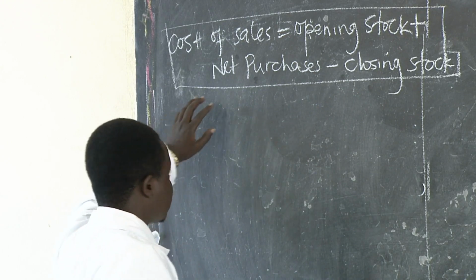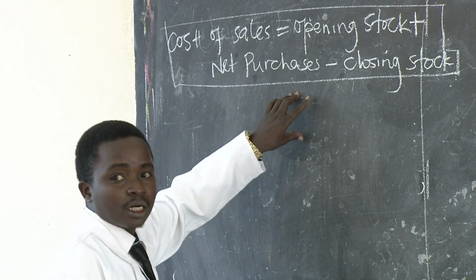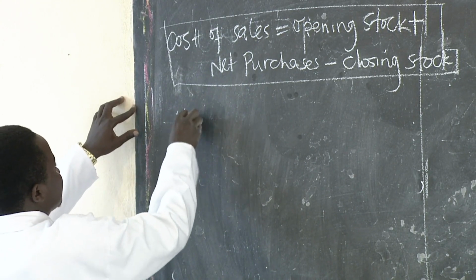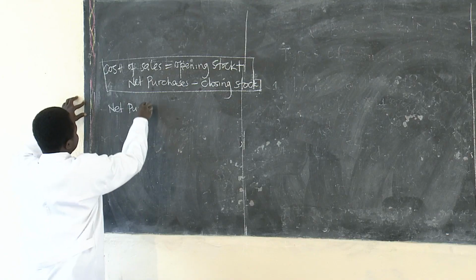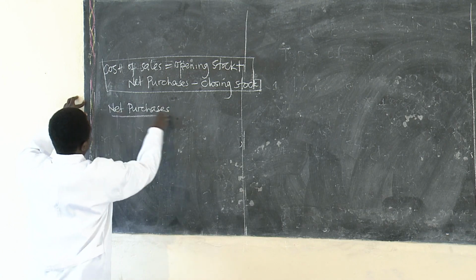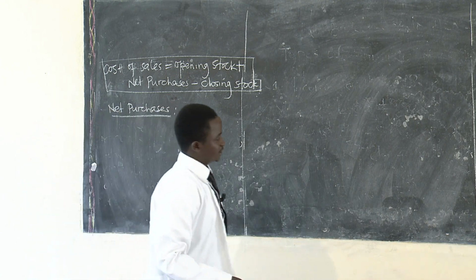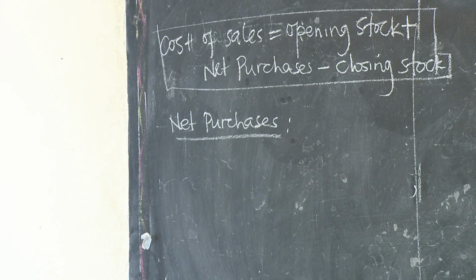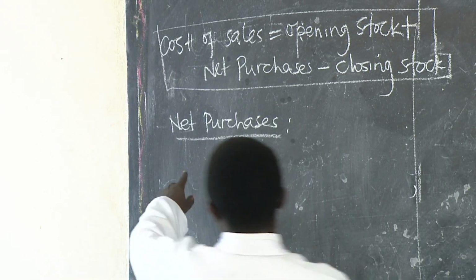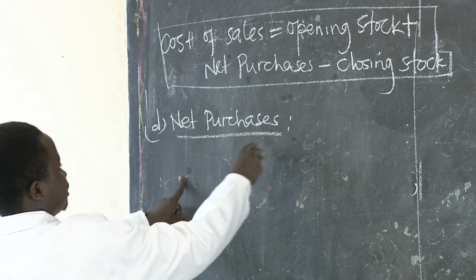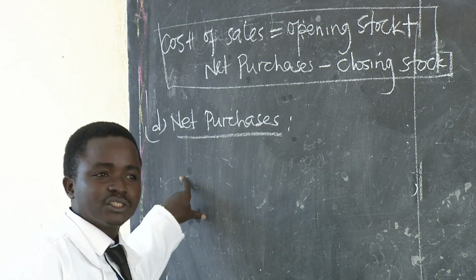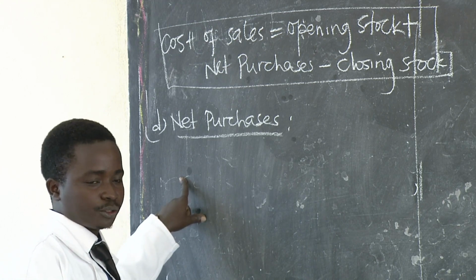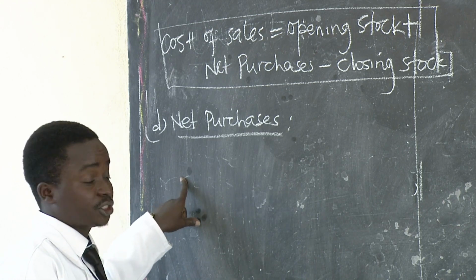So from this formula that we have, I want us to look at these net purchases. What are net purchases? This was part A, part B, part C, then maybe we can call this part D. So net purchases. What are purchases? Purchases are goods bought for resale.